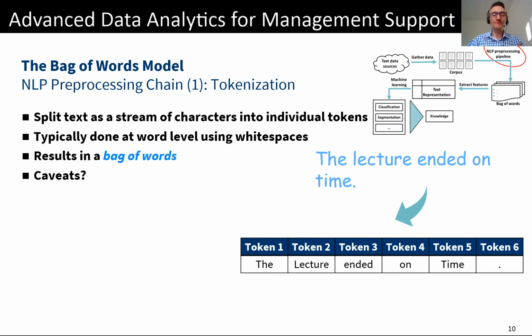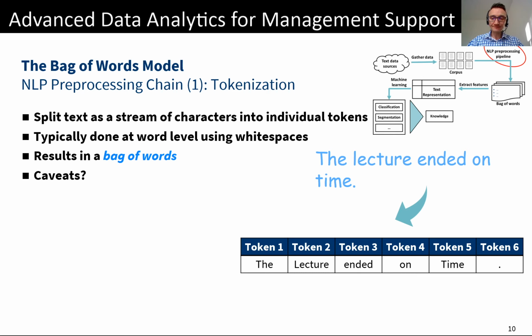But it doesn't have to be the word level. It's a common choice, it's convenient, but it's not mandatory that we split up our text at the word level. If we focus on the word level and have a language such as English or French, German, Spanish, Italian, whatever, many other languages, the whitespace is a candidate character to use for splitting up the text.